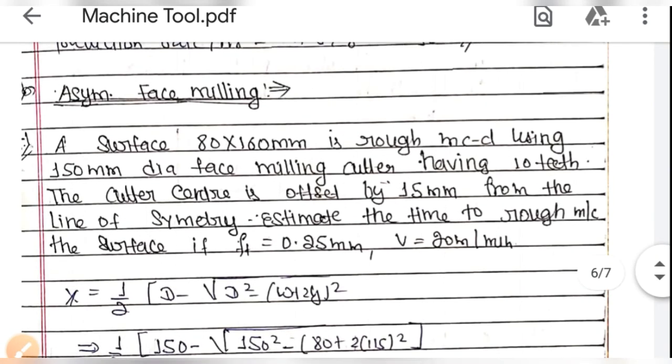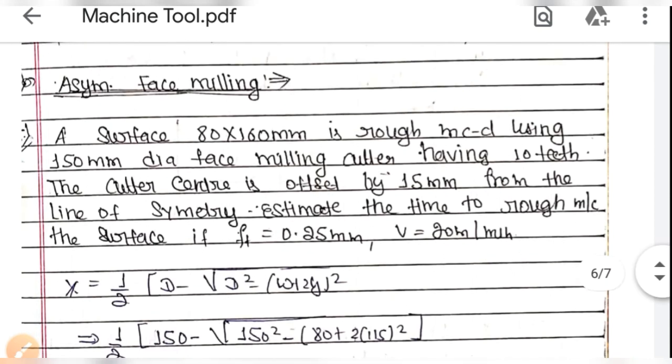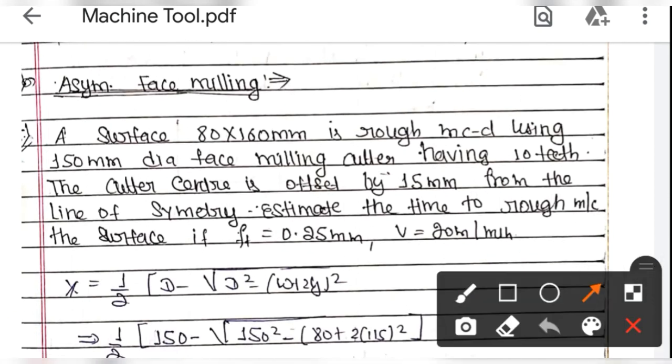Now we'll look at another question, which is based on asymmetric face milling. We have discussed one question related to symmetric face milling, and now this one is for asymmetric face milling. The question says a surface of 80 into 160 mm, meaning 160 mm is the length and 80 is the width, is rough machined using a 150 mm diameter face milling cutter, D is given as 150 mm, having 10 teeth, Z is given as 10.